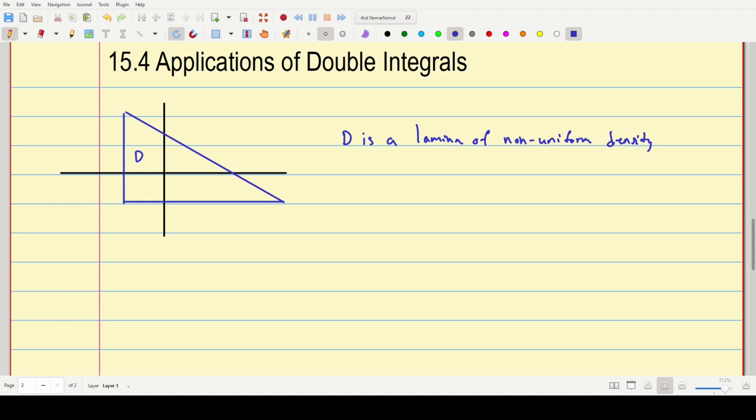Here, for lamina, this is a two-dimensional material. We care about its area, but its thickness is irrelevant. Okay, it's so thin that the problem doesn't care.